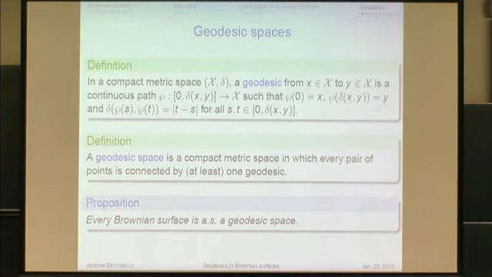geodesic space. Somehow that's quite obvious, because that's how the metric was constructed in the discrete picture. You said that the distance between two vertices was the length of the smallest path linking them, so there is one geodesic.